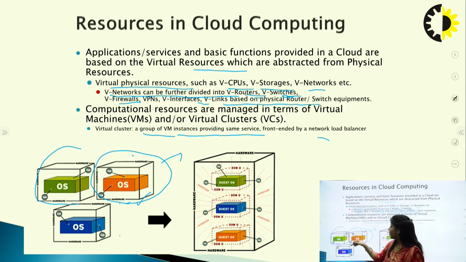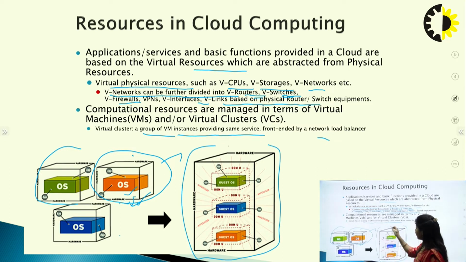These clusters will be deployed with the resources and with some operating system, such as Windows 11, Windows 10 or Windows 7. We can deploy different operating systems on the virtual machines, and this is the cluster group.